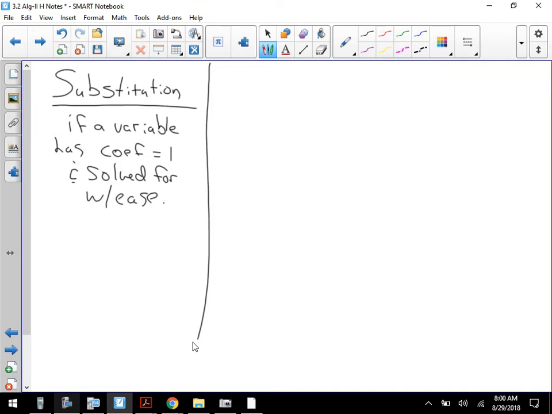Okay. Elimination. That was the other one. Elimination was also fairly simple. What happens here if you use what's called elimination, that means if you have the same coefficient in the 2 different equations, you could eliminate them by either adding them or subtracting them.